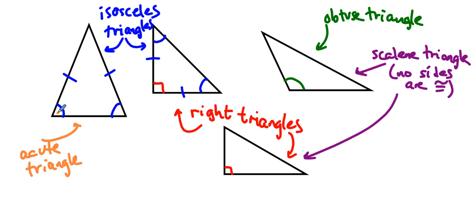There it is. That's an acute angle. Okay? So triangles get classified by sides and by angles. So if I show you a picture of a triangle and I say, hey, what kind of triangle is this? Then you might do well to classify it both by its biggest angle and by the lengths of its sides.